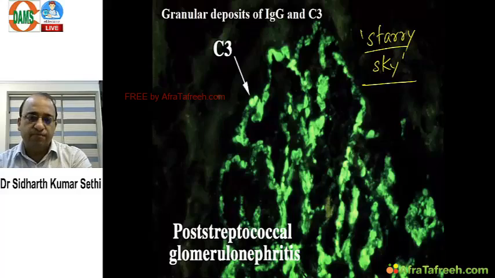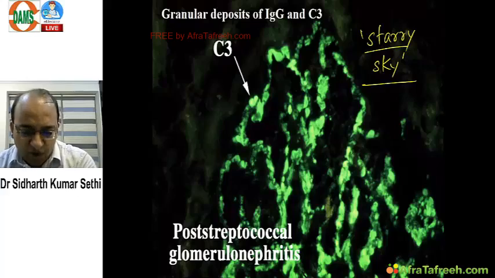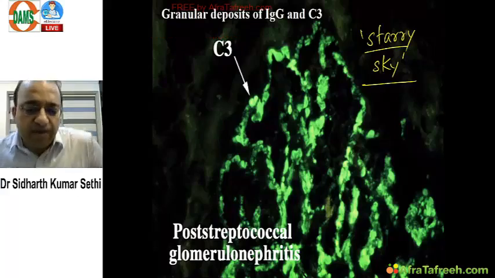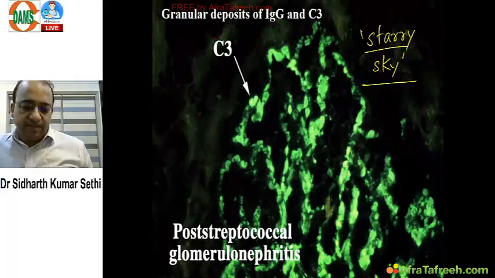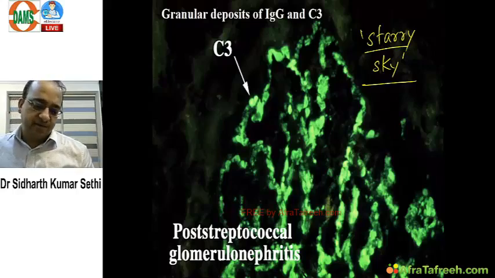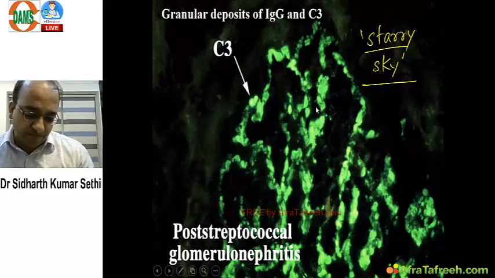No, Shubhangi, no, I'll come to your doubt. Linear deposits are seen in Goodpasture syndrome, which is called anti-GBM disease. So remember, linear deposits of IgG and C3 are Goodpasture syndrome.